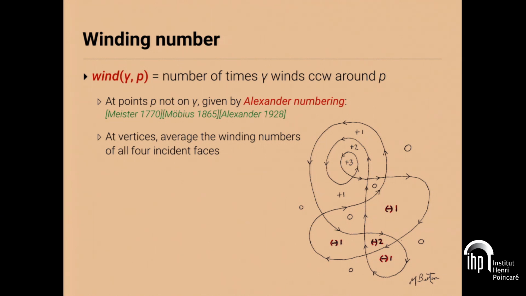So in particular, at a vertex, I get an integer winding number by averaging the winding numbers in the 4 faces that are incident to it. And these are always going to be in the pattern w, w, w plus 1, w minus 1. Okay? So I can define the winding number of any vertex of the curve.